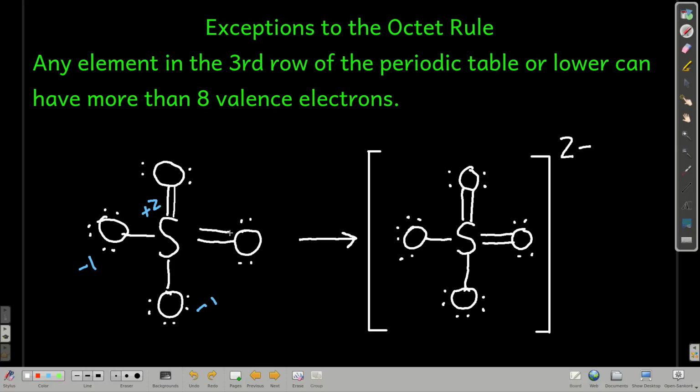And you see what that does for us is that gets us a 0 formal charge here. You calculate it, see if you get that. 0, 0, -1. Let's write those guys in. -1, but sulfur now has 0 formal charge.